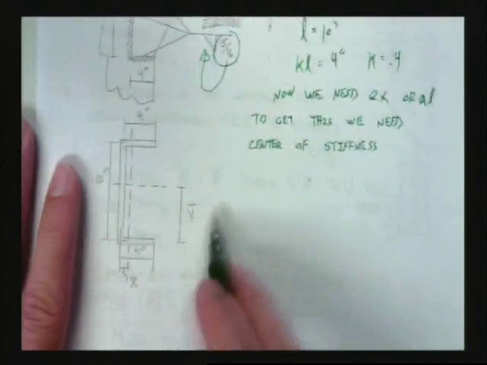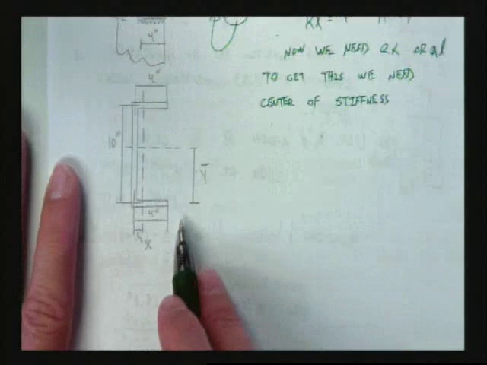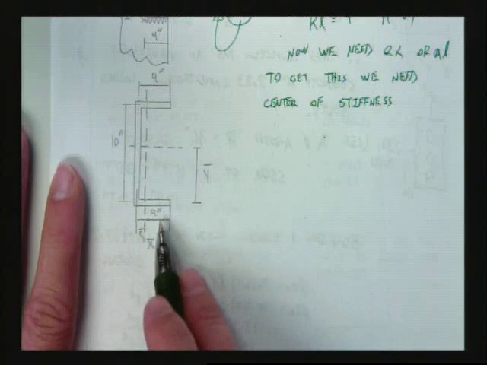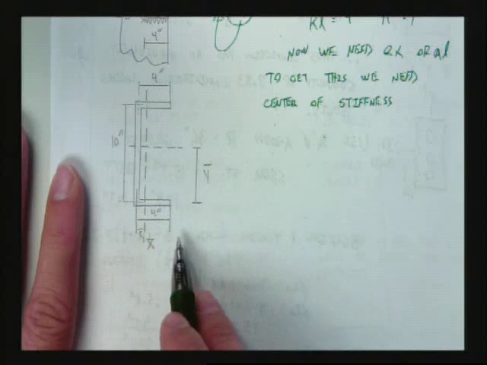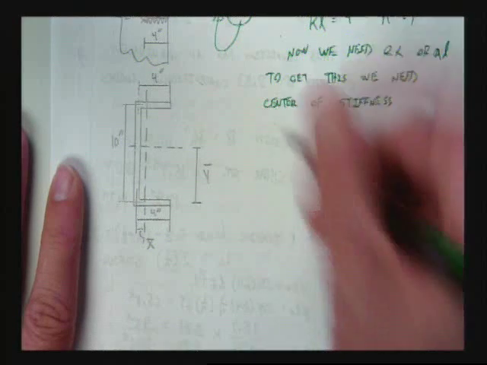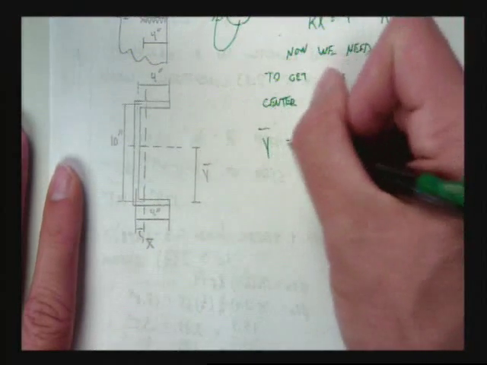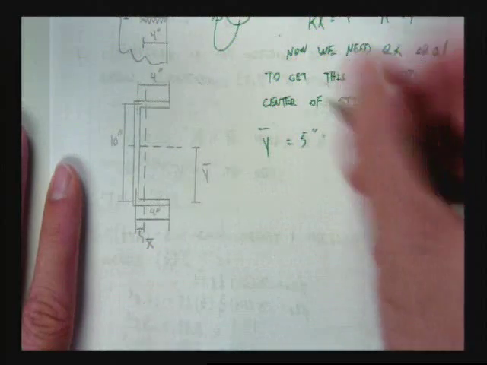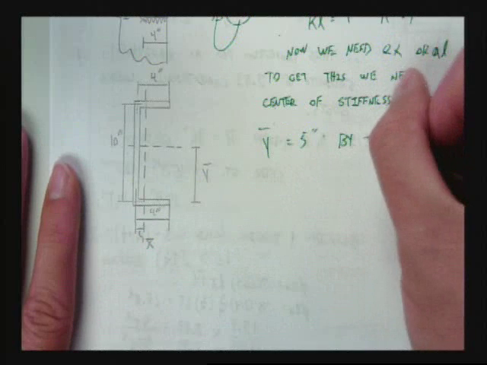So, I'm going to need a y bar and an x bar. We can actually treat this just like as if it's a solid, and I want to find the centroid of it. My y bar by inspection is equal to 5 inches. If you want to do the math, you can.